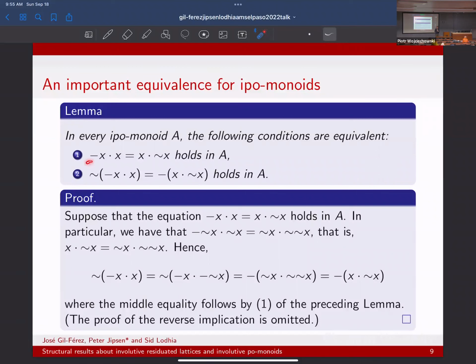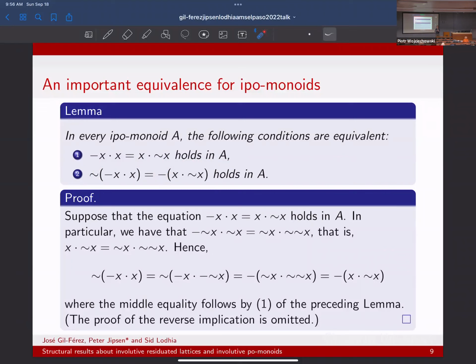Here's another lemma. If you have minus x times x, if that's the same as x times tilde x, then you can put the tilde on the left and the minus on the right, and it also has to be equal. It's not completely obvious why this is true. Initially, I used Prover9 to prove this, only to then discover that it's a 3-line proof.